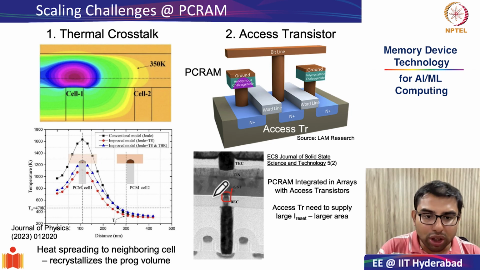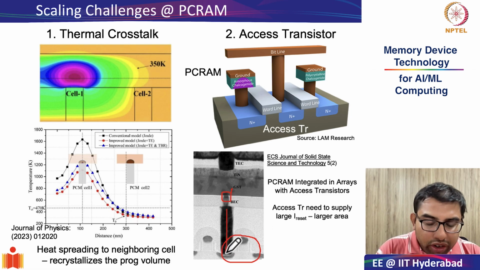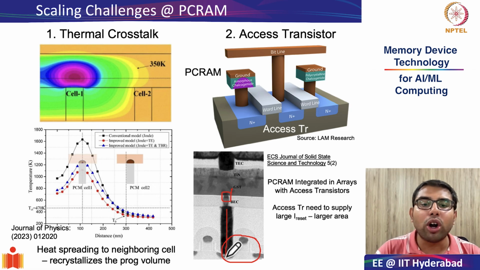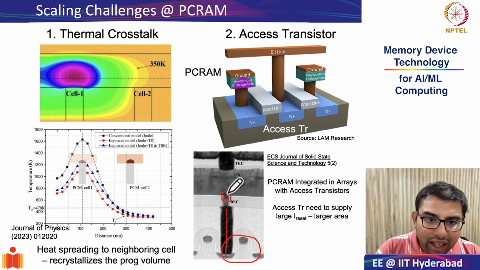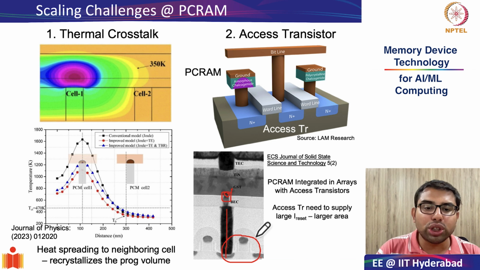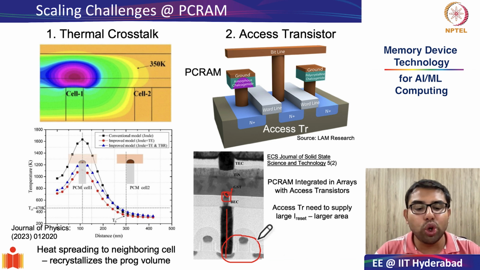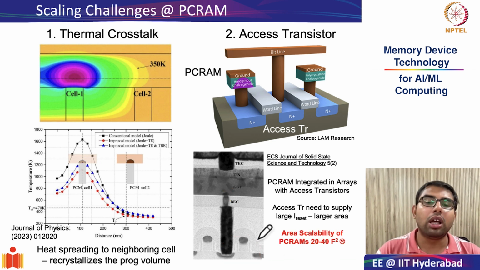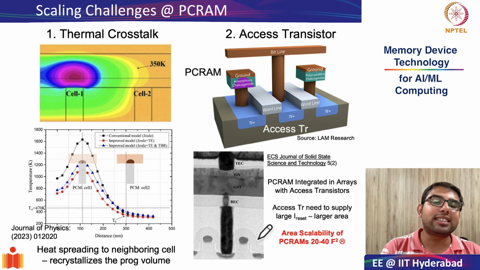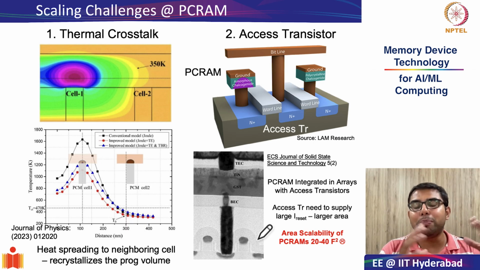However, most of the cell area is consumed by these front end of the line transistors whose drain is connected to the bottom electrode contact, and this side will be connected to the bit line. So the actual programmable volume is very small, but most of the area is being consumed by your access transistor, and therefore area scalability of PCRAMs is a big headache.